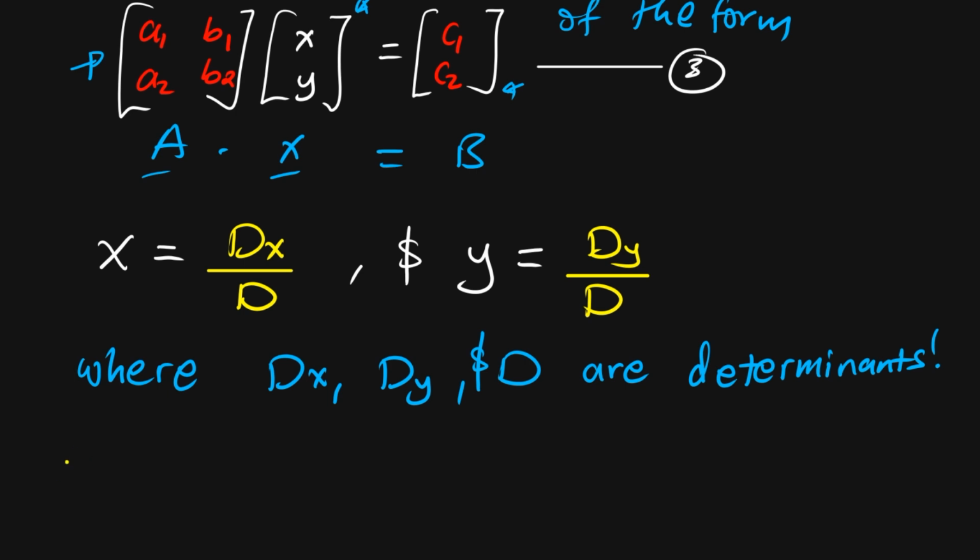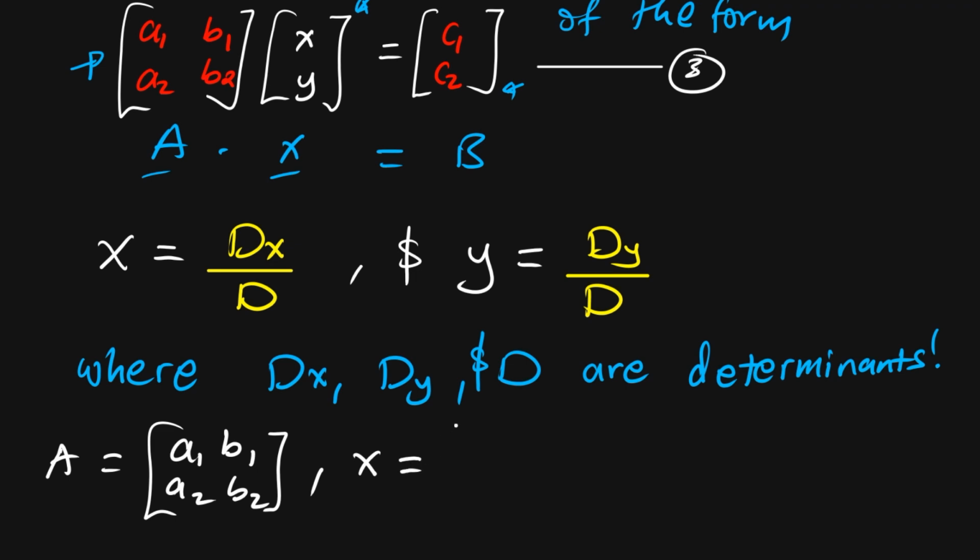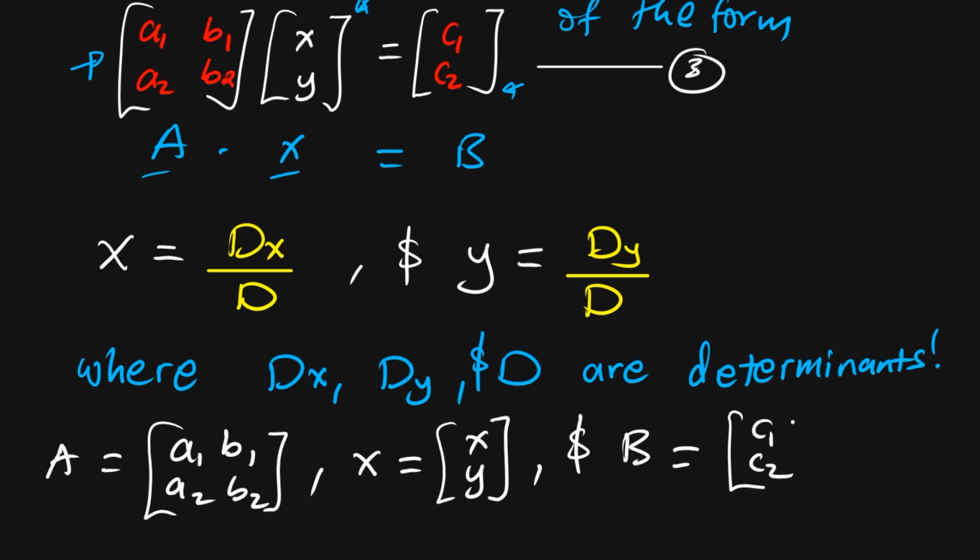From equation 3, we've seen that A equals [a1 b1; a2 b2], and vector X equals [x; y], and matrix B equals [c1; c2].